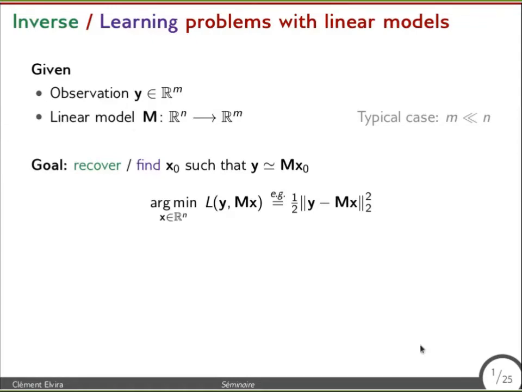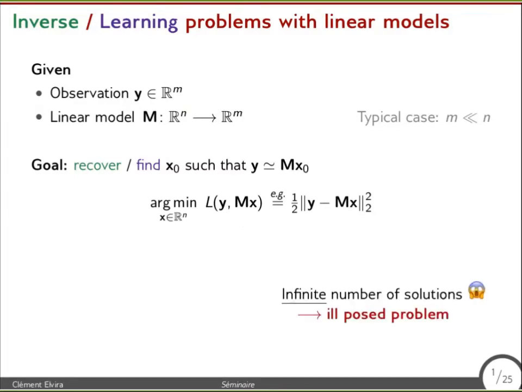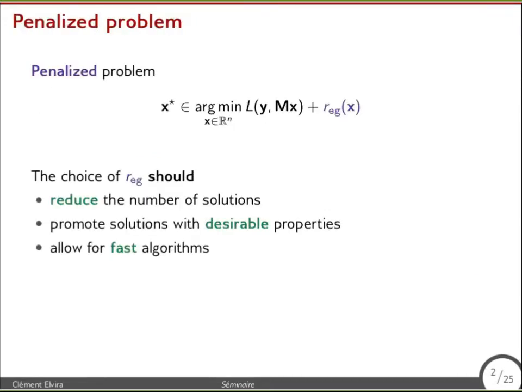The idea is to find, by solving some optimization problem, a vector x that minimizes some loss function that measures the discrepancy between the observation and x. Since in the context we are interested in there are more columns in M than rows, the problem is ill-posed and there are infinitely many solutions.